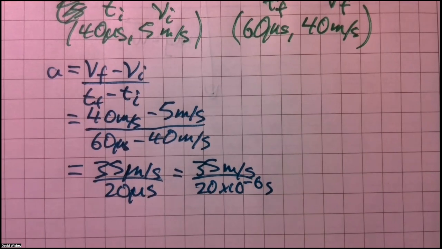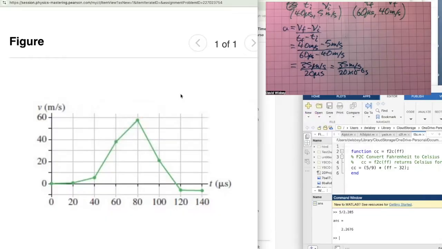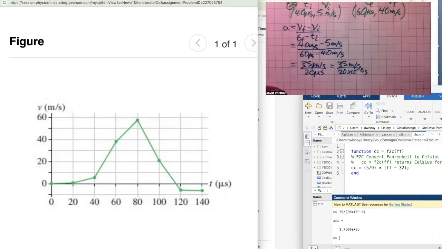All right, so let's get MATLAB out here. I choose you, MATLAB. We're going to have 35 divided by, I'm going to put a bracket there, 20 times 10 to the minus 6, and that looks about right.